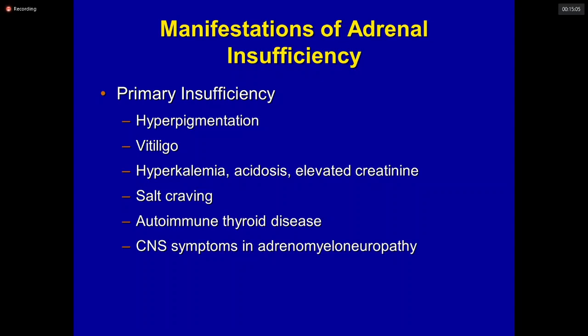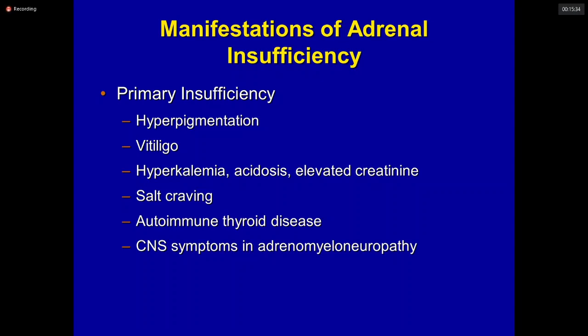Hyperkalemia, because again the effects of aldosterone are lost. As you remember, aldosterone will retain sodium and waste potassium. So when we don't have aldosterone, we will have hyperkalemia and acidosis. And elevated creatinine because of dehydration, since there is no good volume. There will be loss of fluid and elevated creatinine because of the dehydration.